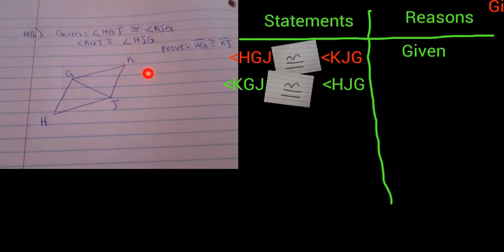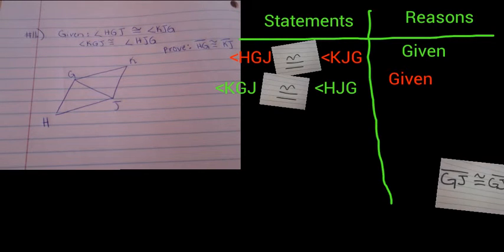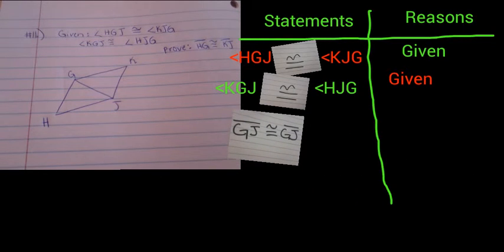Now looking at the diagram, we have GJ is congruent to line GJ. We know this because it shares a line. In that case, if it shares a line, it's going to be stated as reflexive property. Reason number three is reflexive property.